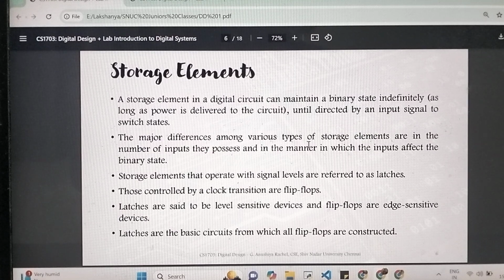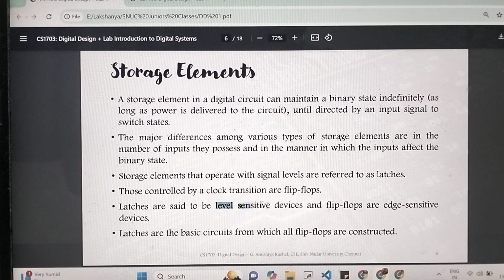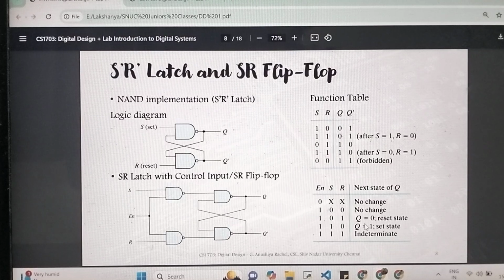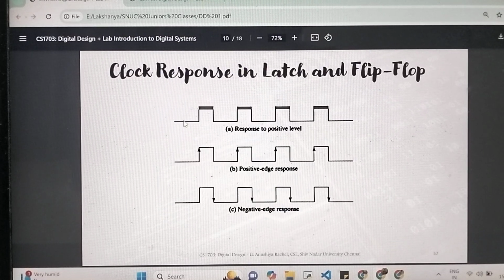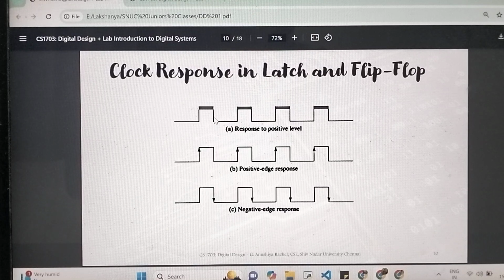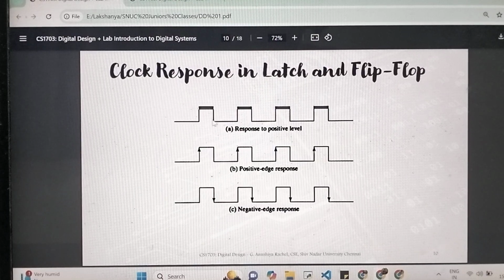What is the difference between them? Latches are level sensitive devices, flip-flops are edge sensitive devices. What does this mean? Coming back to our clock timing diagram, being at a 1 or being at a 0 is called a level, and transitioning from 0 to 1 or 1 to 0 is an edge.